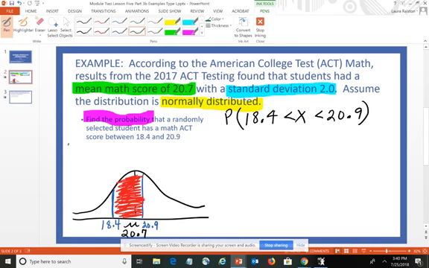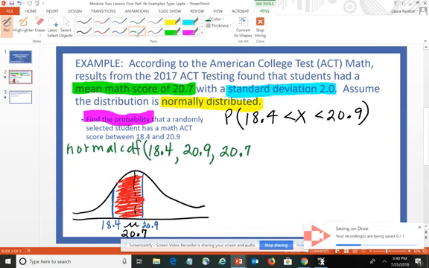So what you're eventually going to type is normal CDF. You start with the low value first, 18.4, to the high value of 20.9, the mean of 20.7, and the standard deviation of 2.